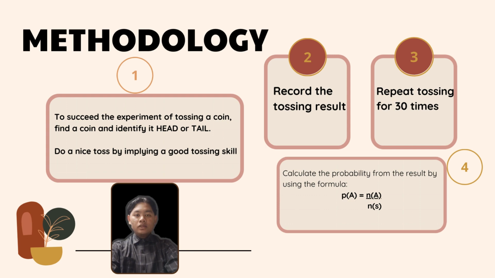Lastly, you calculate the probability from the results using the formula: probability equals n(A) over n(S), where n is the number of outcomes of the event. To give an idea of how our experiment is done, let me show you a simple demonstration.